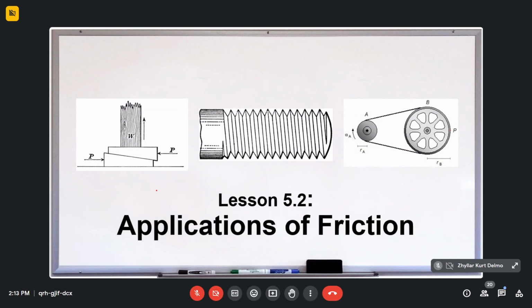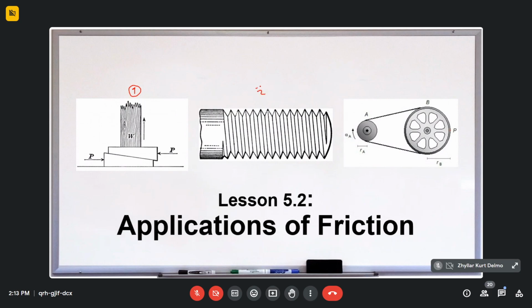The different applications of friction. As shown in the figure, the first figure shows the nomenclature of our wedge. A wedge is a type of simple machine.